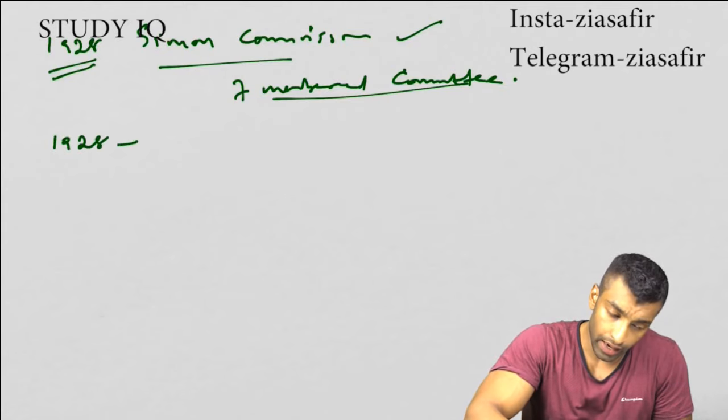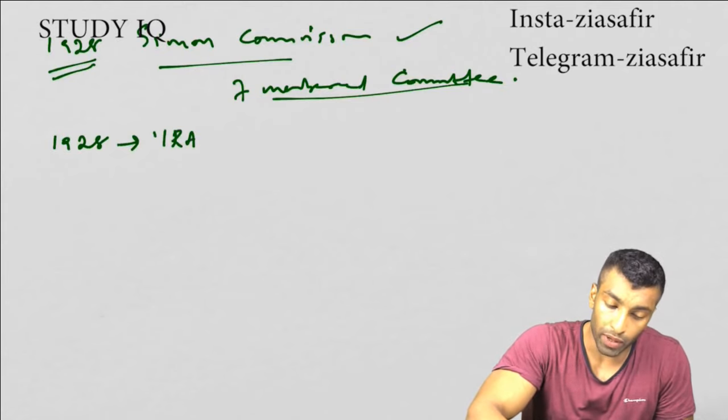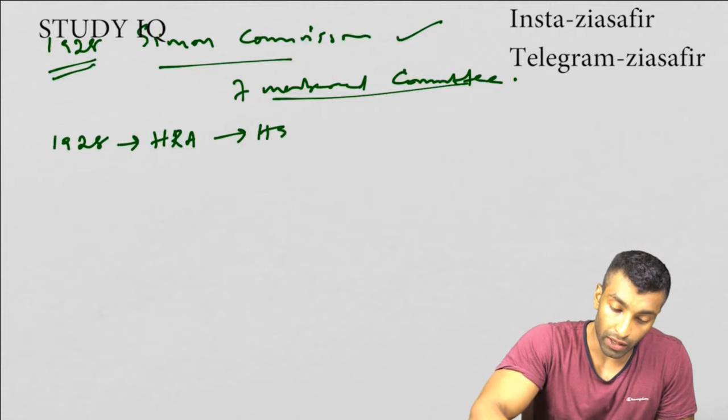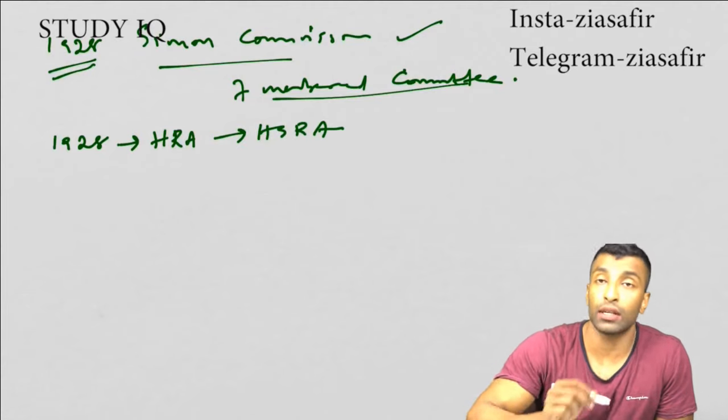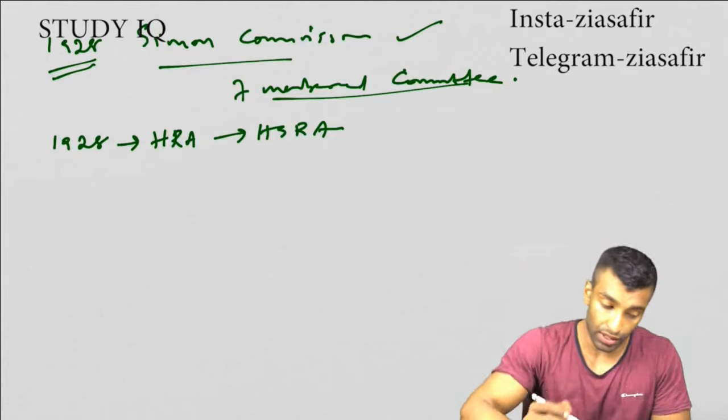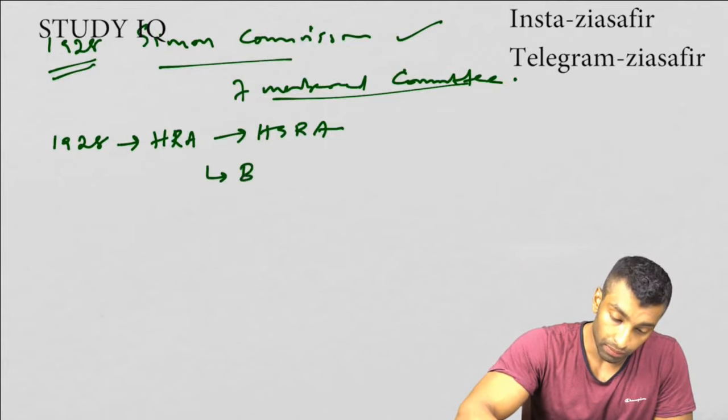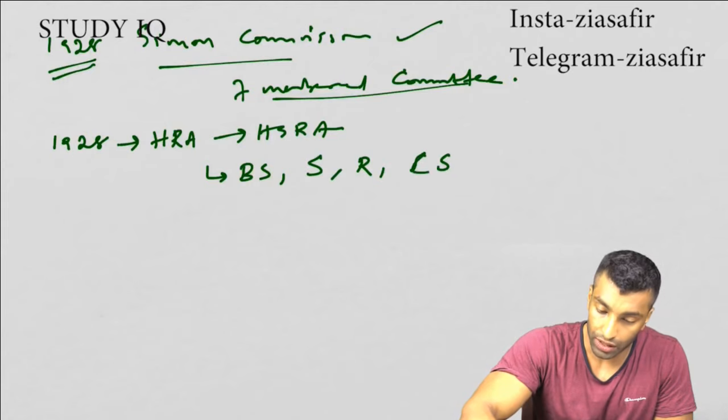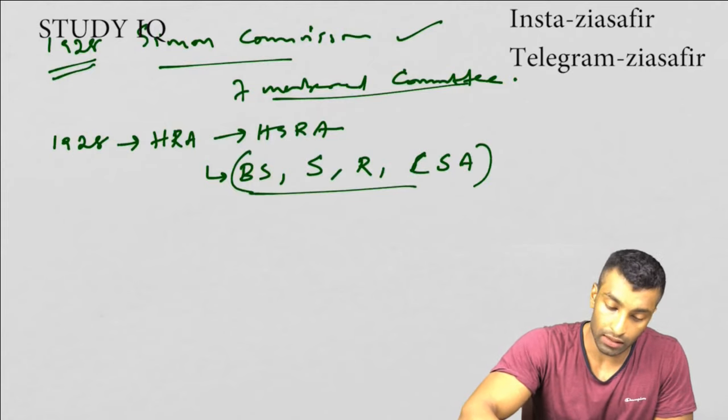Then in 1928 itself, the HRA was regrouped into the HSRA, Hindustan Socialist Republican Association, by Bhagat Singh, Sukhdev, Rajguru and Chandrasekhar Azad. We'll discuss this in detail.